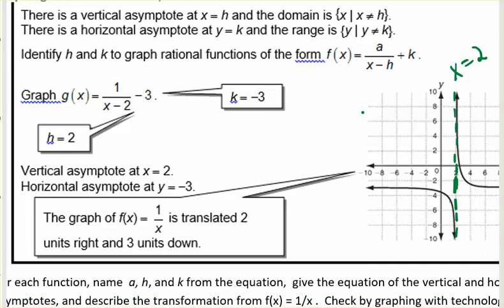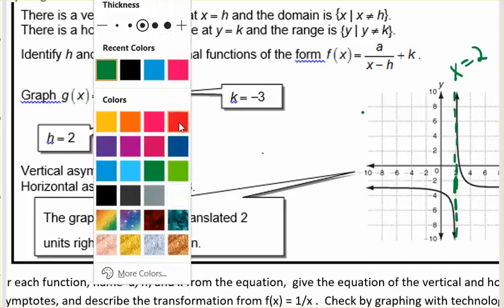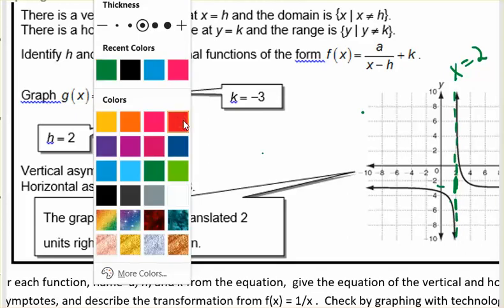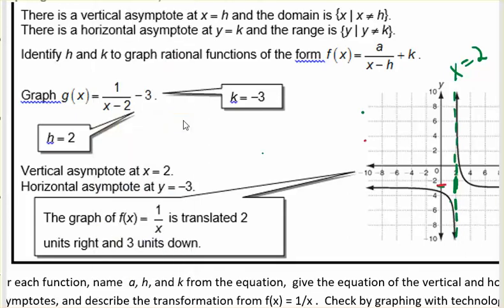And then the horizontal asymptote, I'll do that one red, and we can tell the horizontal asymptote is going to be right at y equals negative 3. So here's y equals negative 3, right along here.